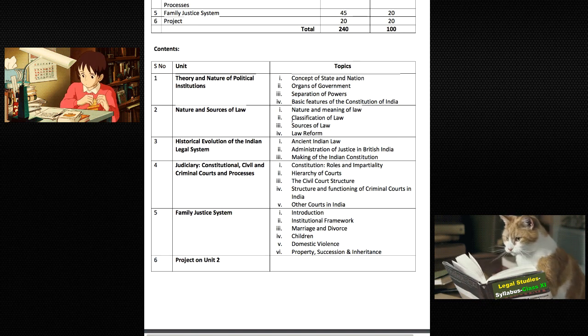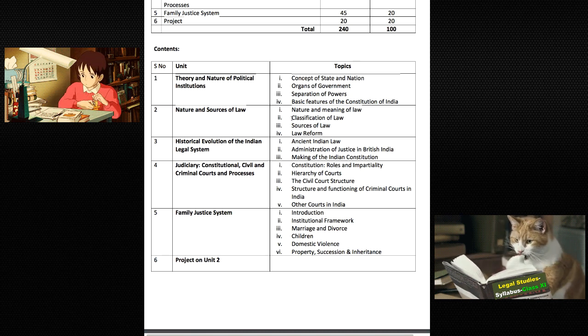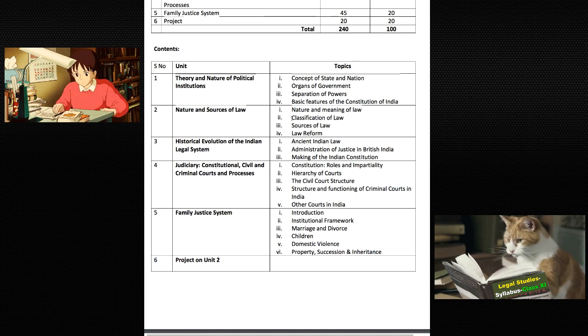The laws we have in India are known as municipal law. Again, some other category classifies law as substantive law and procedural law. Don't worry, we will discuss all these terms. At this point in time it is difficult for you to appreciate, so don't worry on that account. But keep in mind that these are the bases of classification of law.